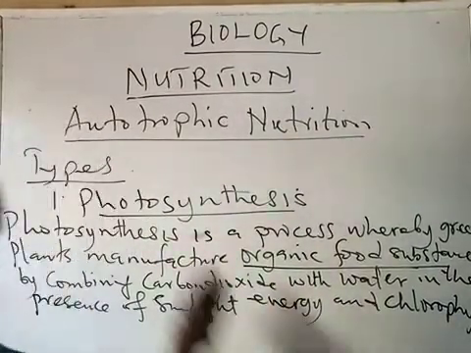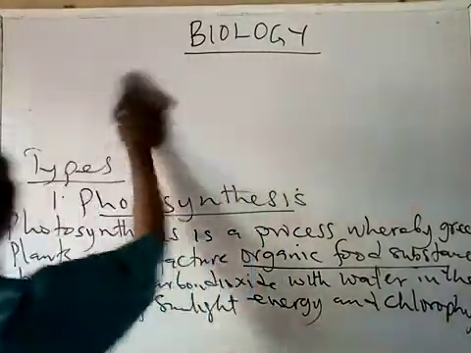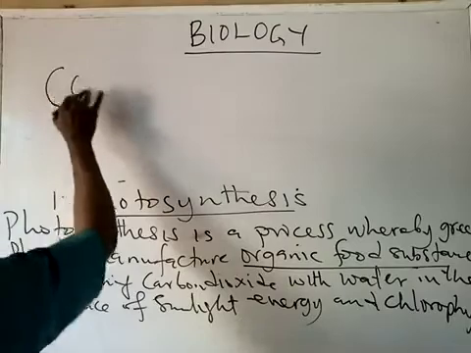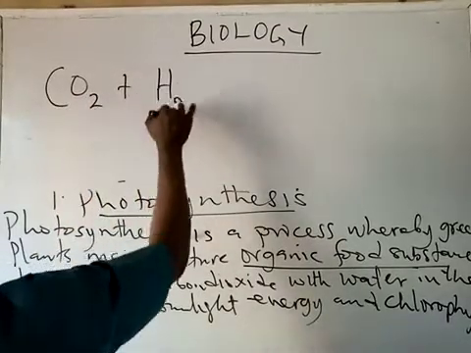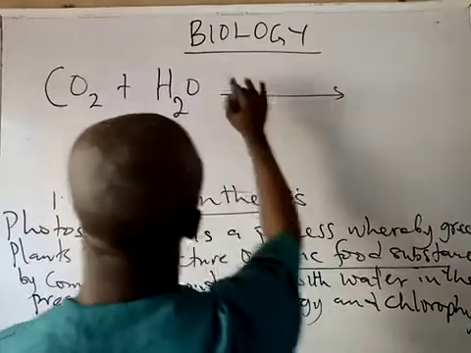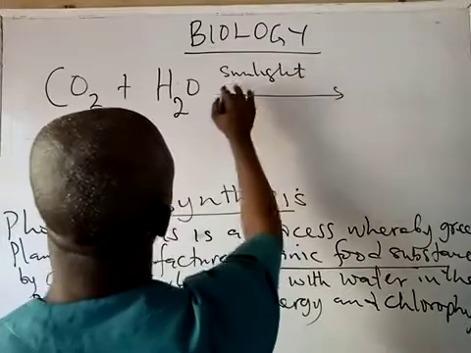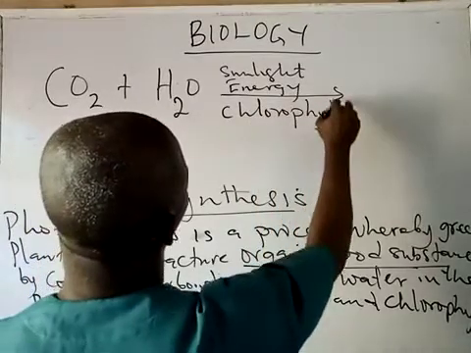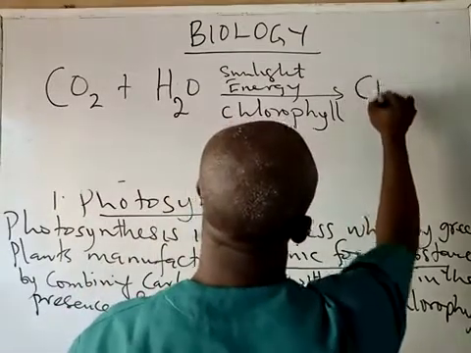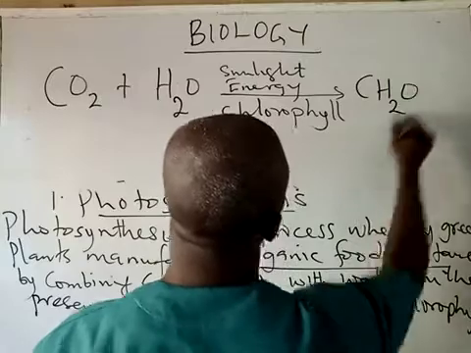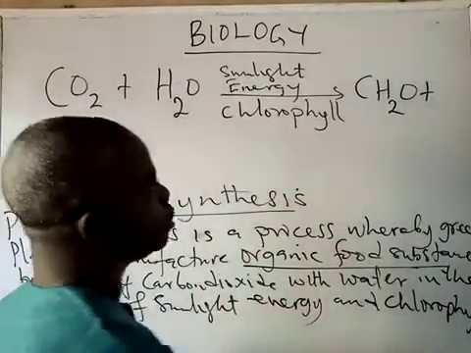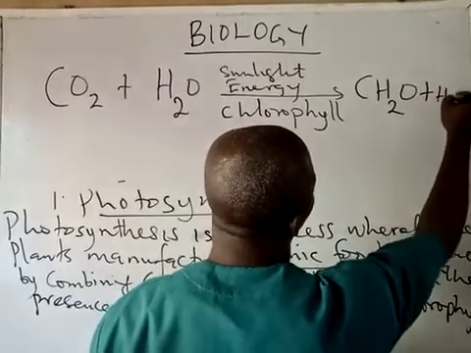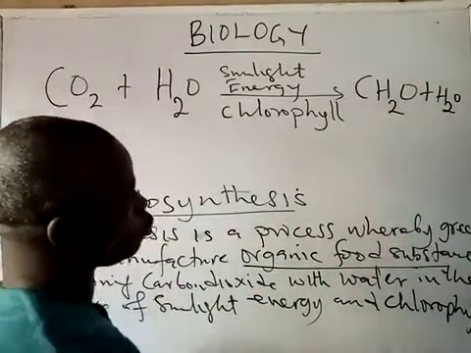So generally, we could represent photosynthesis with the chemical equation: carbon dioxide combines with water in the presence of sunlight energy and chlorophyll to yield the carbohydrate plus water and oxygen.